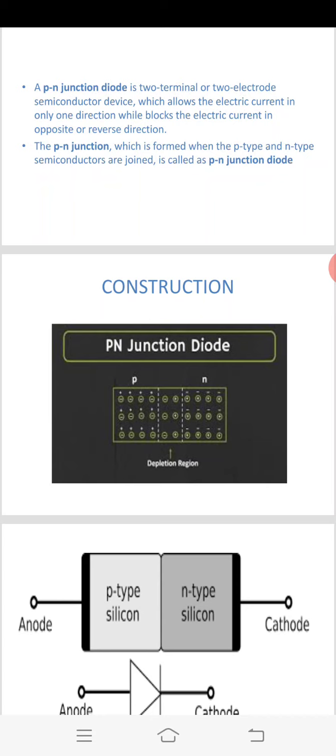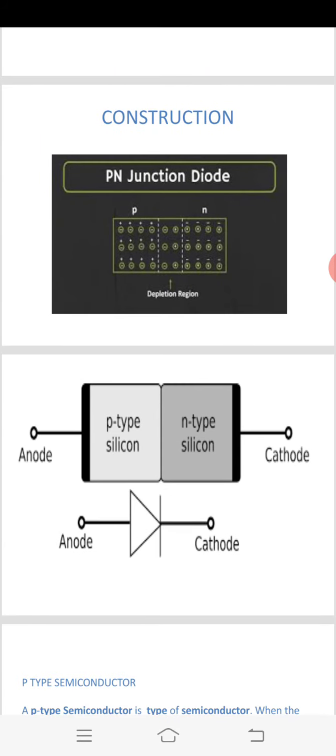On the P side, holes are majority and electrons are minority charge carriers. P and N type substrates are joined together, by N type doping in P type or P type doping in N type. Both processes can be used for designing a diode.